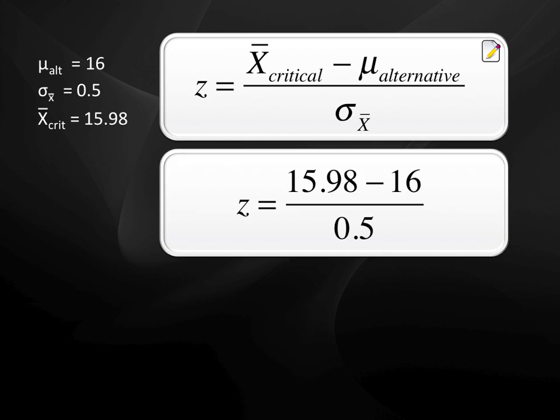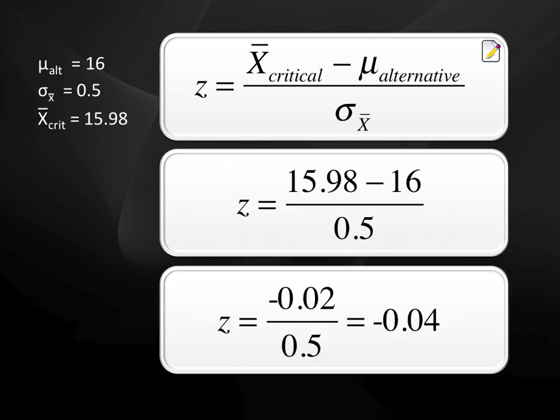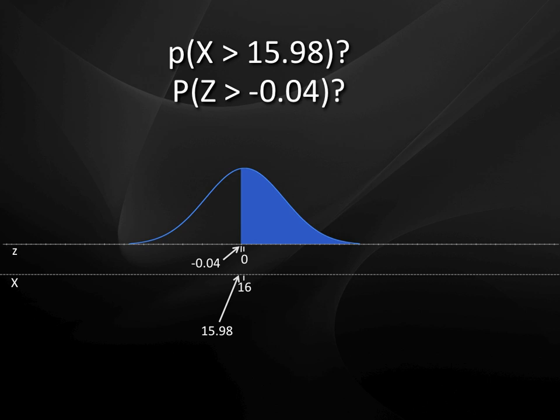It's 15.98 minus 16 over a half, or a z-score for that particular value of negative 0.04. Right? That's what we found. We found on the z-scale what that corresponds to. So the problem is just the proportion of a unit normal distribution greater than negative 0.04. Again, negative 0.04 is less than 0, so we know the proportion has to be greater than 0.5.